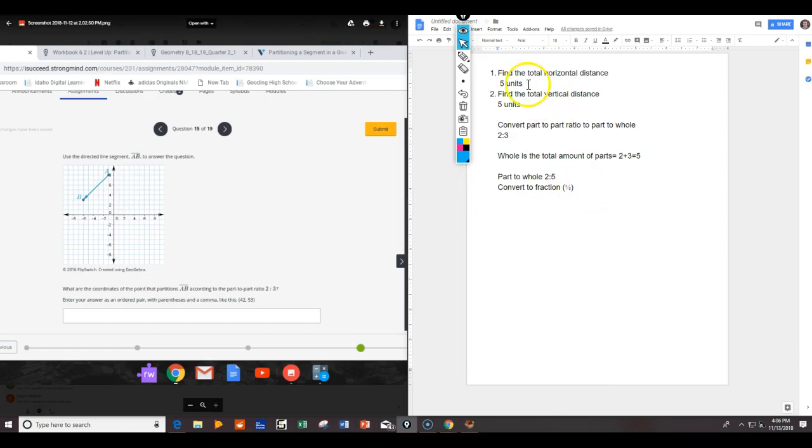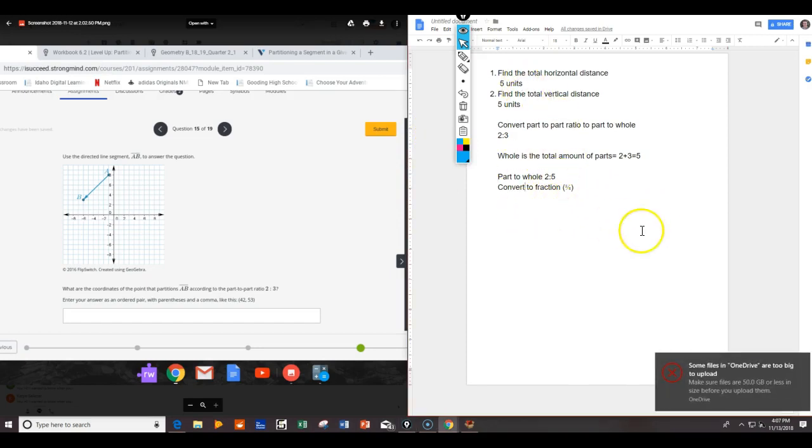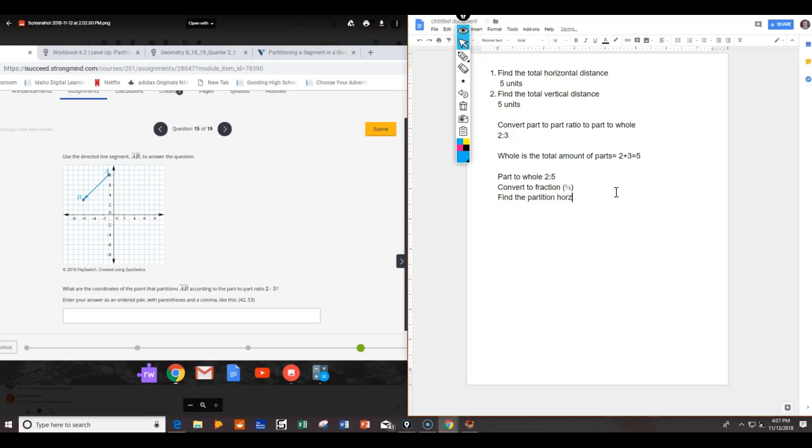So since I have the total horizontal distance and the total vertical distance, I know I need to take 2/5 of that distance in order to find this point that'll cut it in that ratio. So I'm going to find the partition horizontal distance.